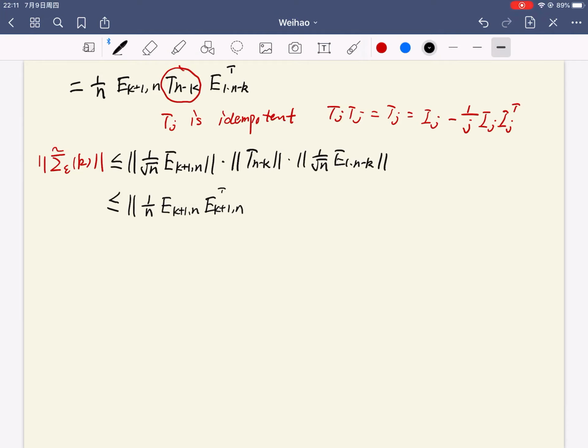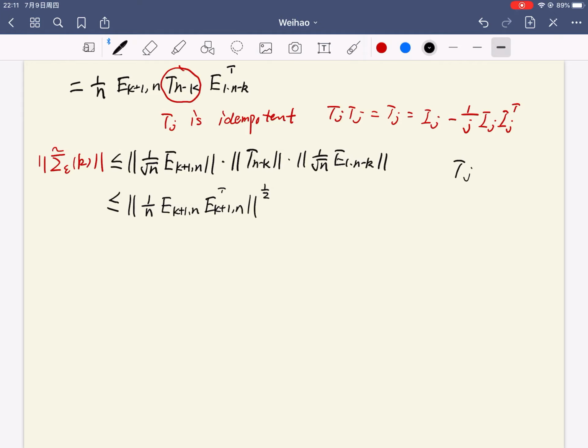The inequality here is that, for this idempotent matrix Tj, we look at its structure: it is the identity matrix minus a positive semi-definite matrix.